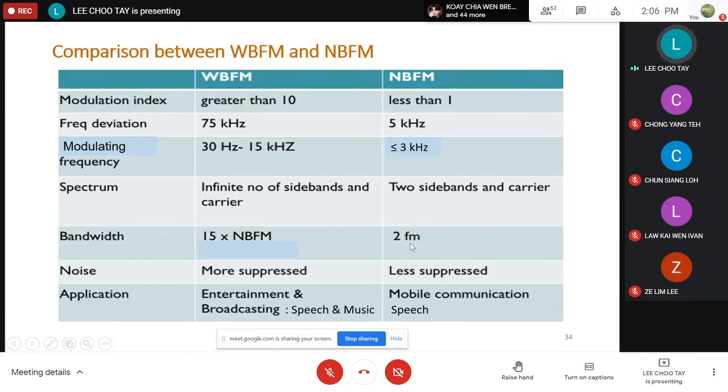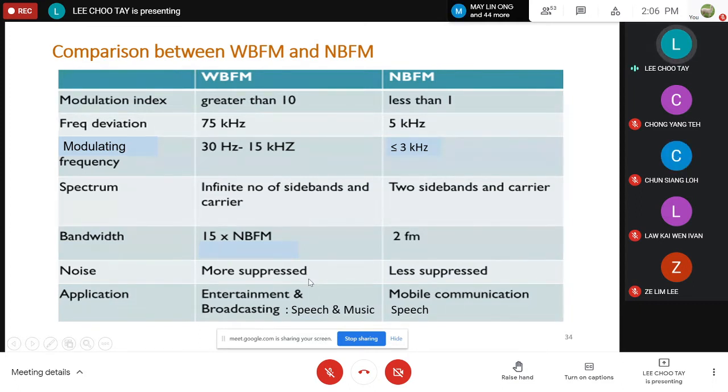As far as noise suppression is concerned, surprisingly, the wideband FM provides more suppression to noise. So you have less noise in the wideband FM as compared to the narrowband FM. That is due to the non-linear nature of the wideband FM system.